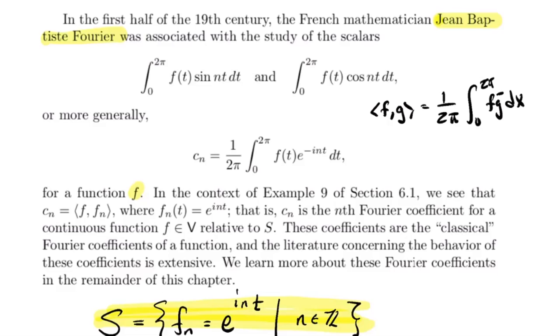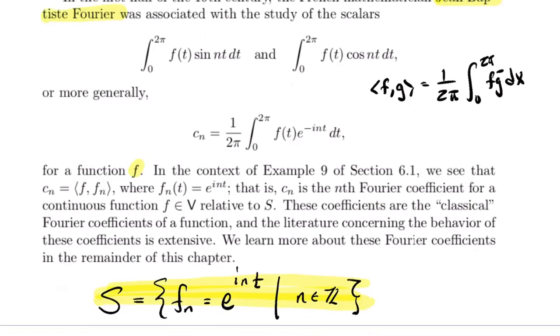So if you take the inner product of f with one of these basis vectors, the complex conjugate puts a minus sign on there. So this is just the inner product of f with a basis vector, f sub n, written below. That thing is called the Fourier coefficient of f.